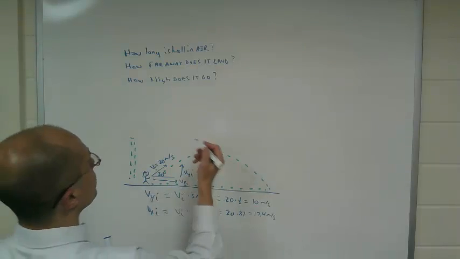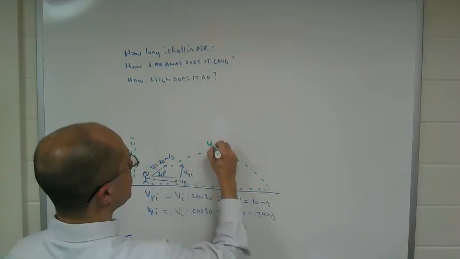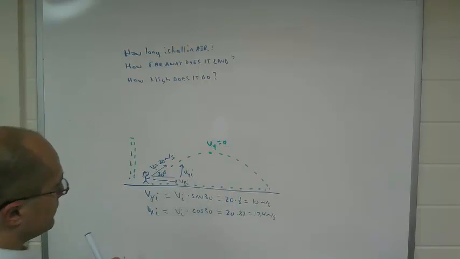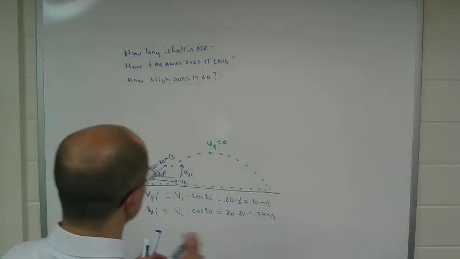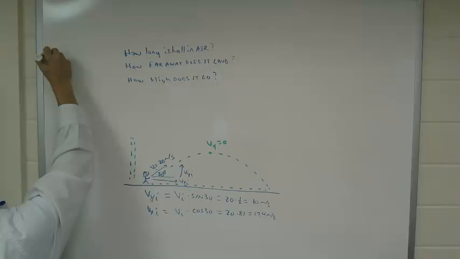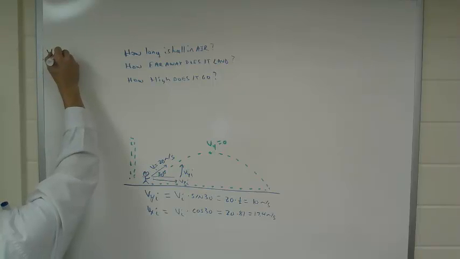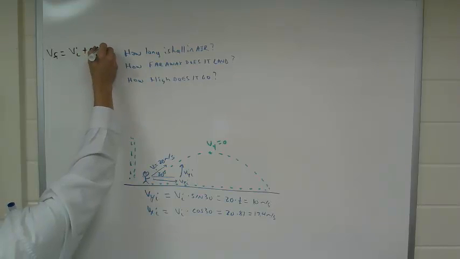We can solve for how high it goes, because we remember at the top of the parabola, Vy equals 0. We have all of our standard motion equations, we just have to plug x's and y's in. So we always have that V final is equal to V initial plus A delta t.